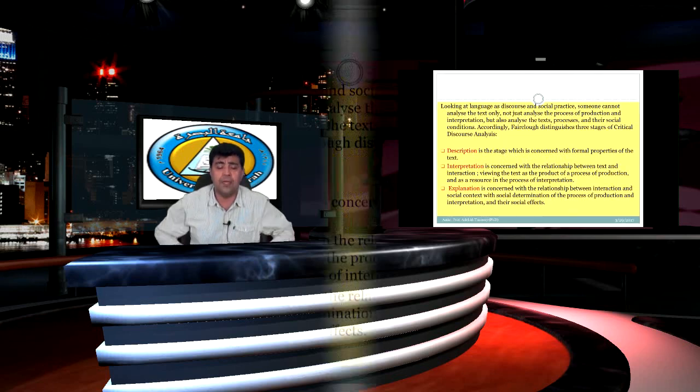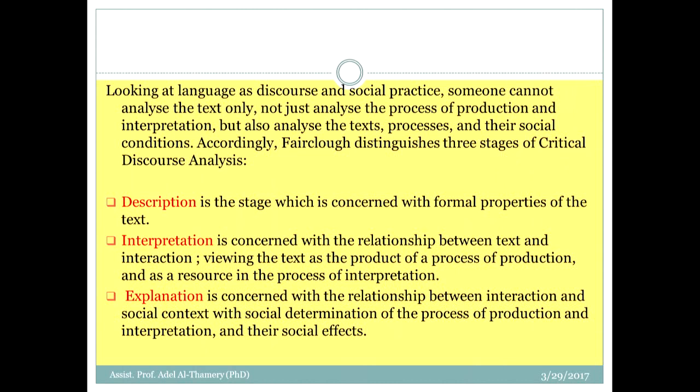We start with Norman Fairclough. Norman Fairclough is one of the distinguished figures. He is the reason for the rise of the term critical discourse analysis. According to Fairclough, in practicing critical discourse analysis, we have three stages or three dimensions.